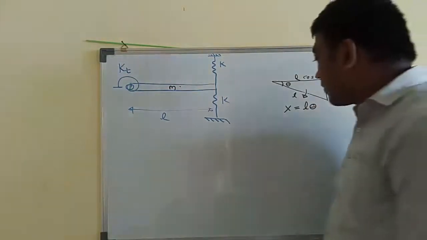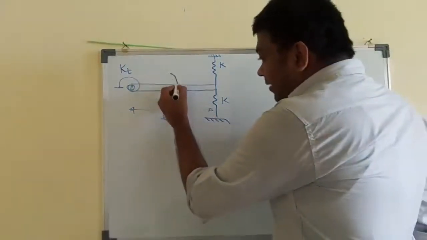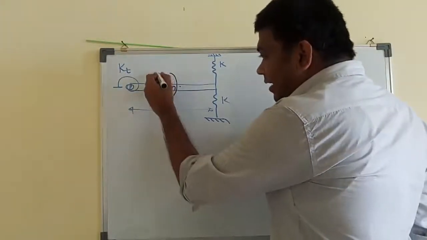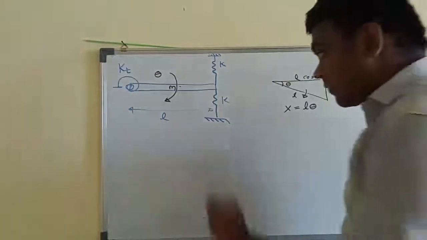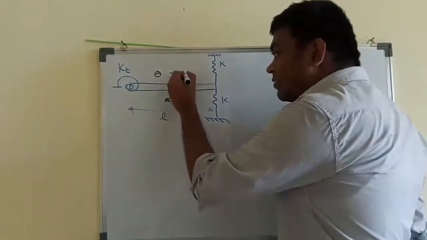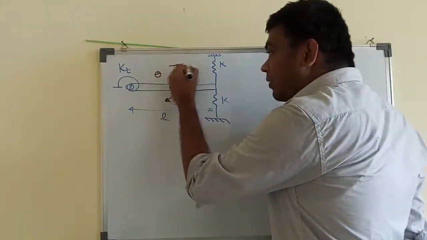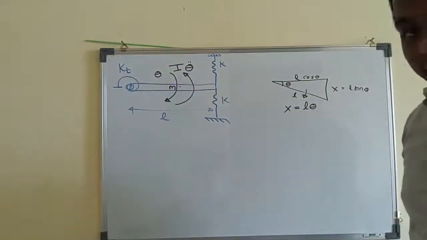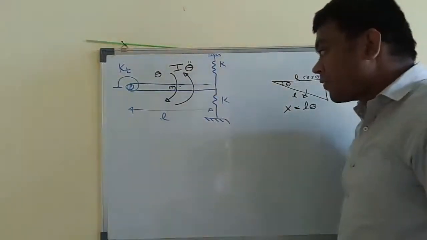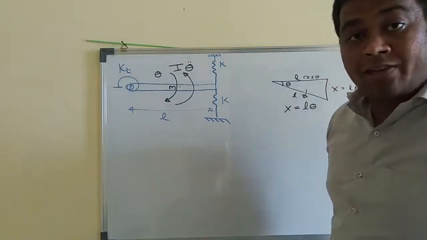Now we have deflected by angle theta, so it is a case of torsional vibration. So it will have an inertia torque I theta double dot in the opposite direction, as we learned in the previous lecture. Now we have the external forces.